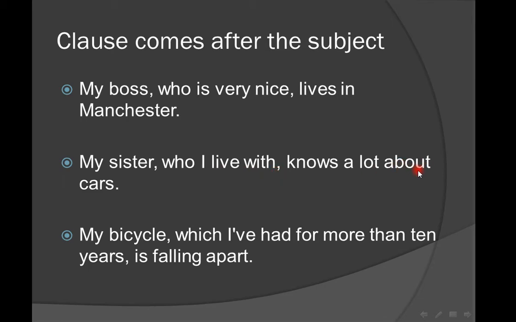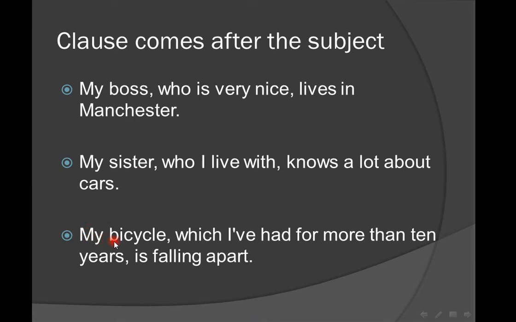I can simply say my sister knows a lot about cars, but I added this extra information, and as long as it is extra information, I put it between commas, and it is a non-defining relative clause. It doesn't define who my sister is, because I know my sister who knows a lot about cars. But who I live with, التي أعيش معها, is extra information that the listener doesn't need to know.